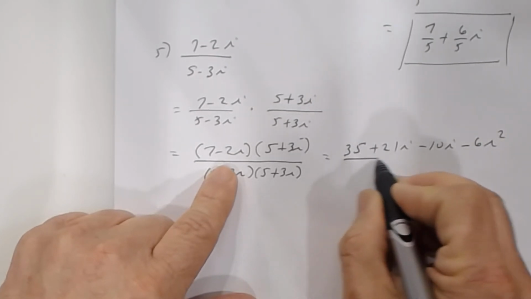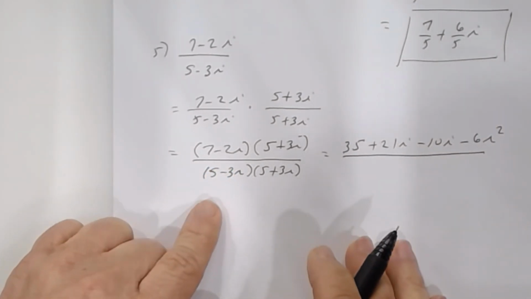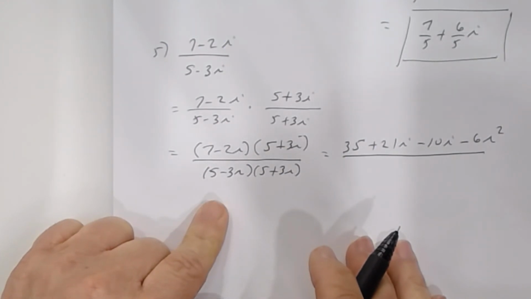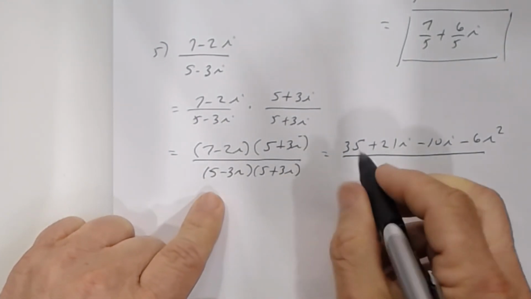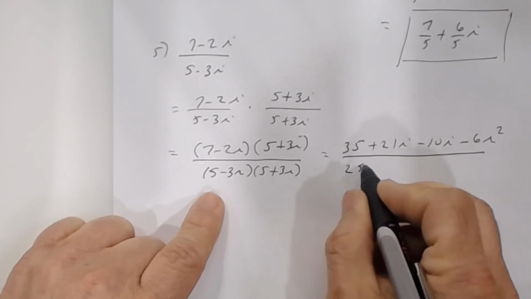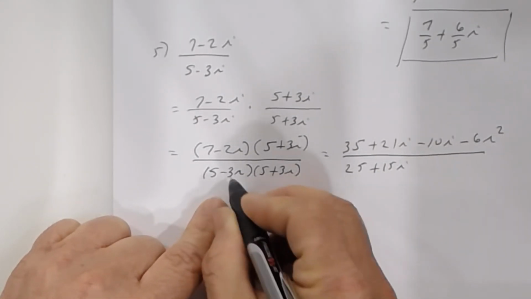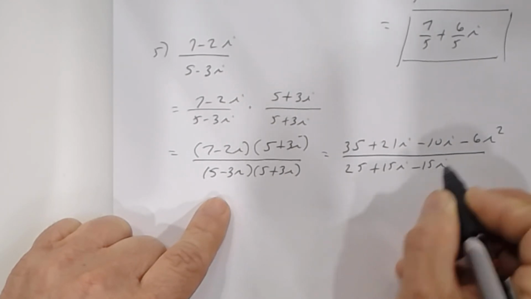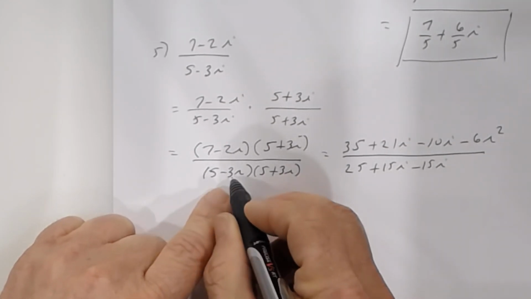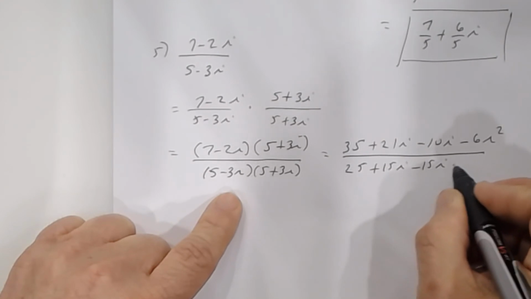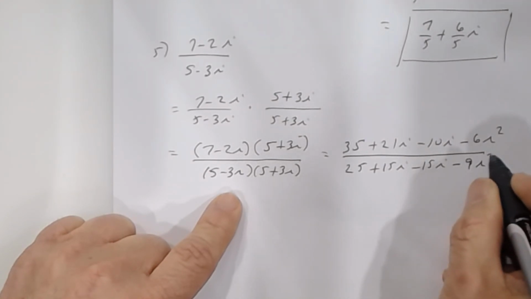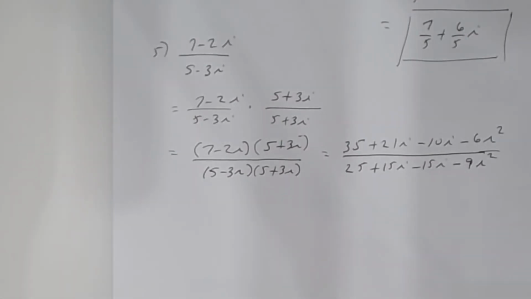Negative 6i squared. Divided by, all right, let's talk about the denominator now. What's the first? 25. What's the outer? Okay. What's the inner? Negative 15. Now what's the last? What's negative 3i times a positive 3i? Negative 9i squared. So that's where I'm at.